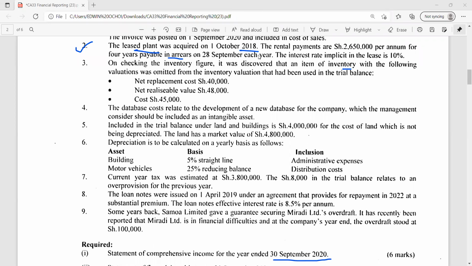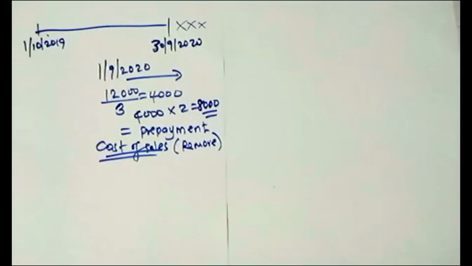So that one means that we have to do a lease amortization schedule, to determine the interest and to determine the relevant liabilities they were supposed to make. So the obligations they are supposed to pay out of the leased plant.